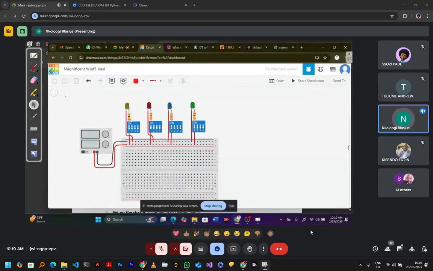So these resistors are acting as current limiting. If you gave a high value, maybe up to around 100 kilohms, this one could not light, because the higher the value of the resistor, the more it blocks the current from flowing.